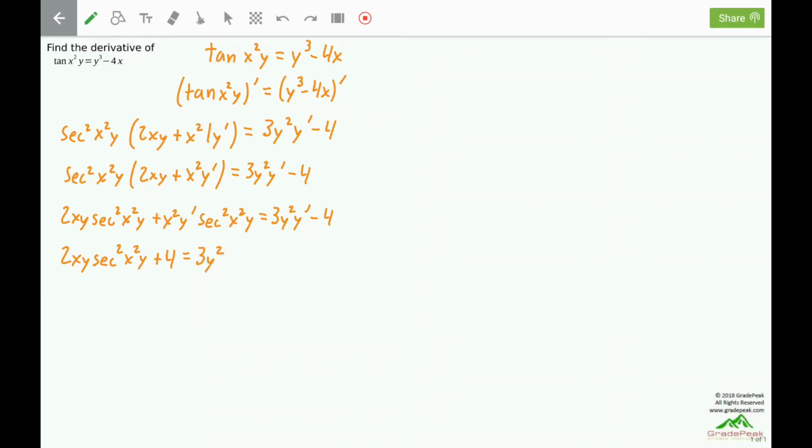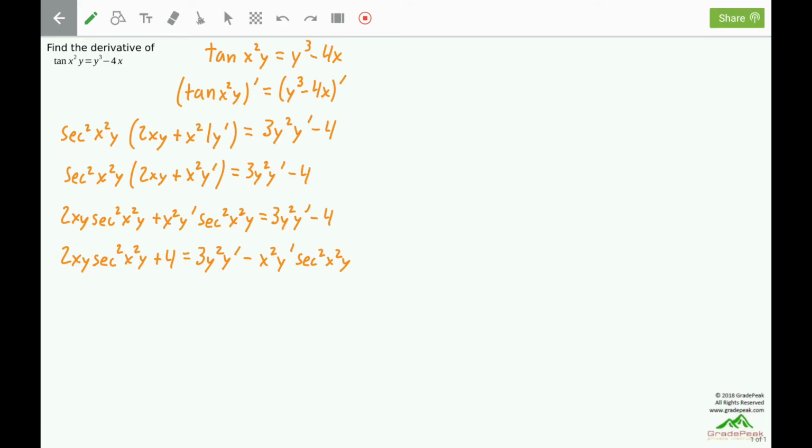I already have the 3y squared y prime, and we subtract over the other term, x squared y prime secant squared of x squared y. By putting the y prime terms on the right side, we have fewer negative signs. Had we kept them on the left, we would have 3 negative signs. Now we have only 1, and it's always best to have fewer negative signs, and this will just go directly to the more simplified answer.